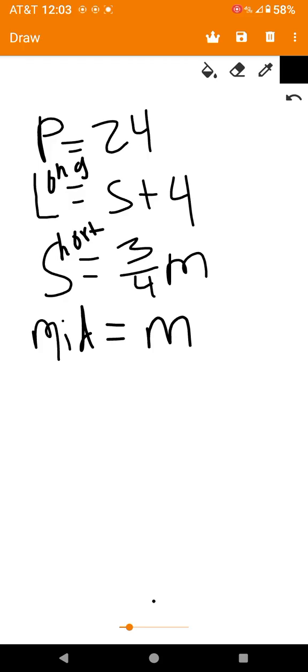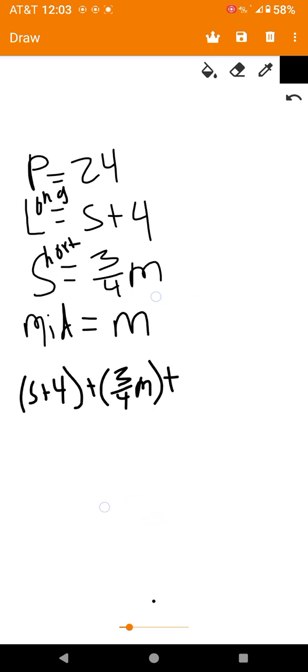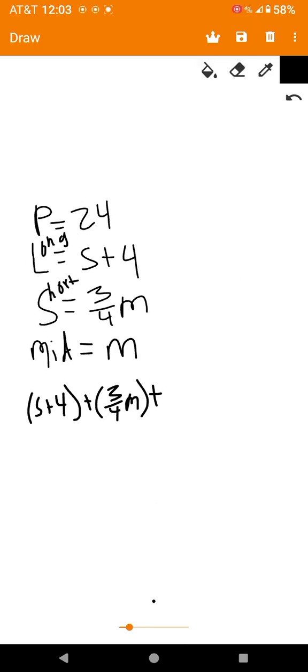So all of this added together is going to be 24. So we have s plus 4 plus 3/4 m plus m equals 24.